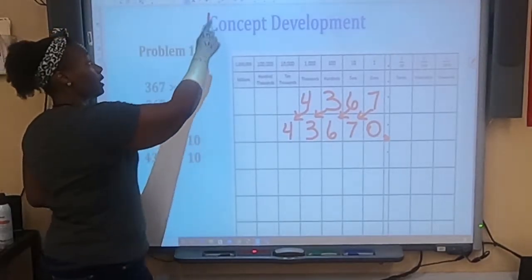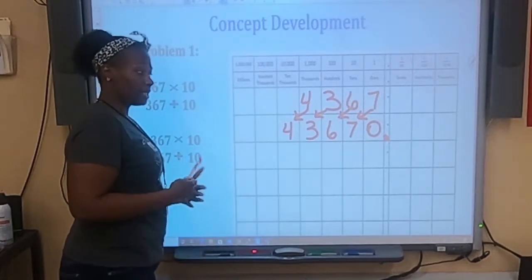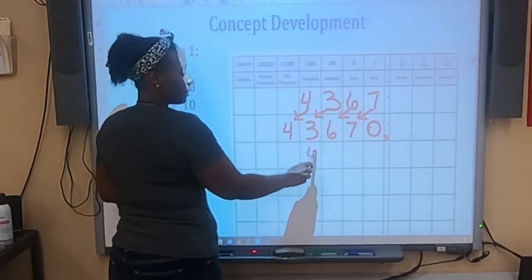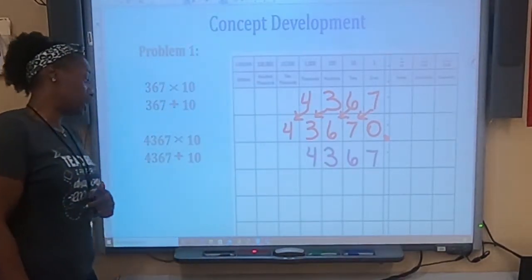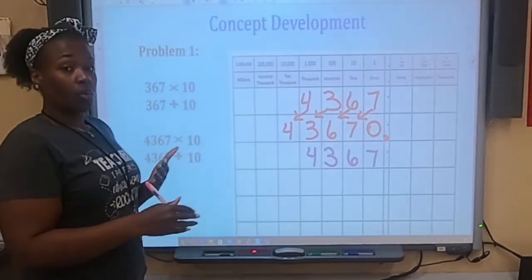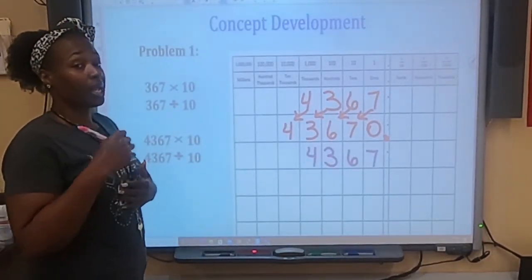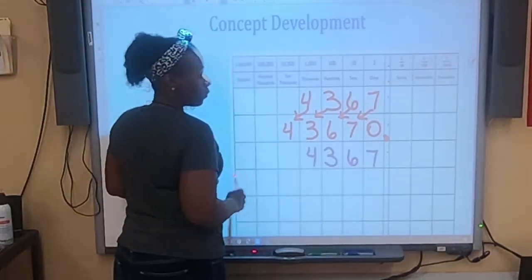Okay, let's use that same number, and this time we're going to divide it by 10. So I start by putting my digits in their place values. We have 4,367. We're going to divide by 10. Remember, when we divide on that place value chart, we are moving to the right. When we divide by 10, we're moving to the right 1 time. So every digit has to shift to the right 1 time.